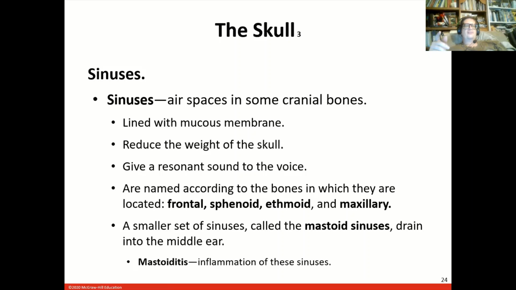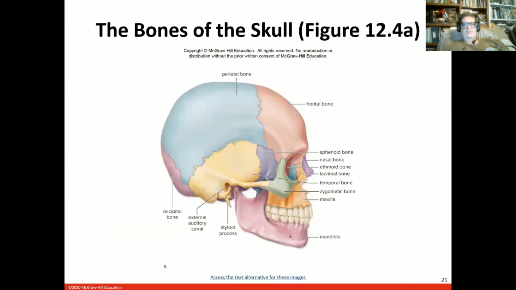There's another sinus, there we go, the mastoid sinuses in the middle ear. These are in the mastoid process of the skull. I'm going to jump back in the PowerPoints a little bit. All right.